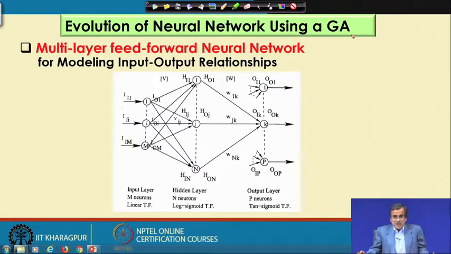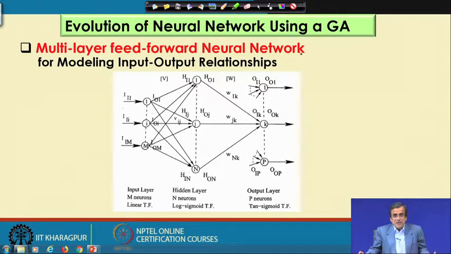If you see the literature on the neural network, a huge literature is available. I am not going to discuss all these neural networks. Instead, I am just going to concentrate on a particular design of the network, and that is called the multi-layered feed forward network.